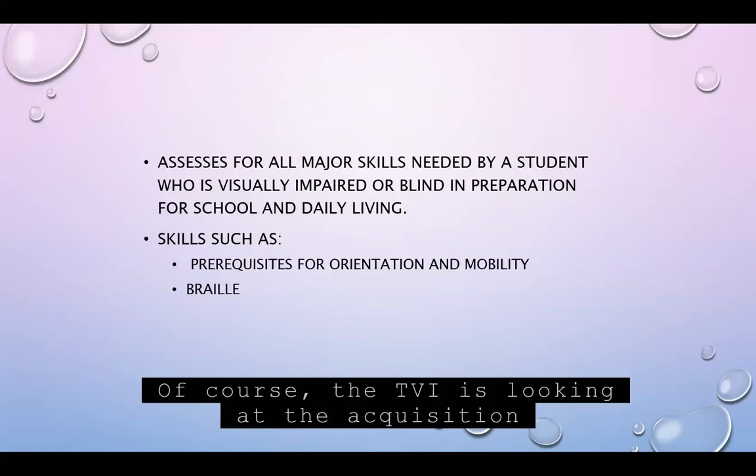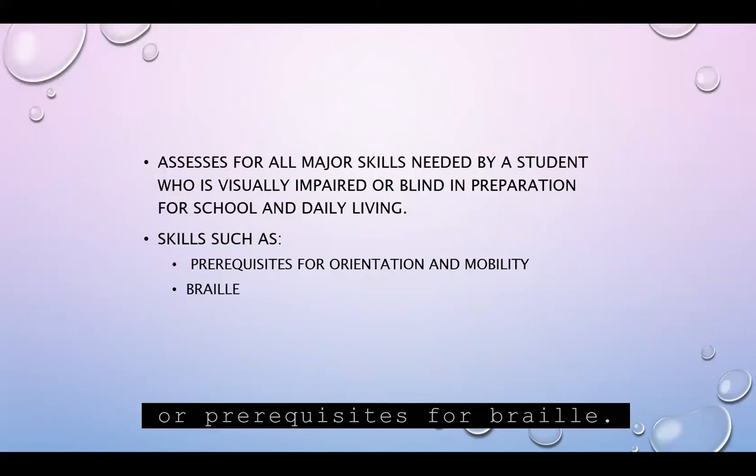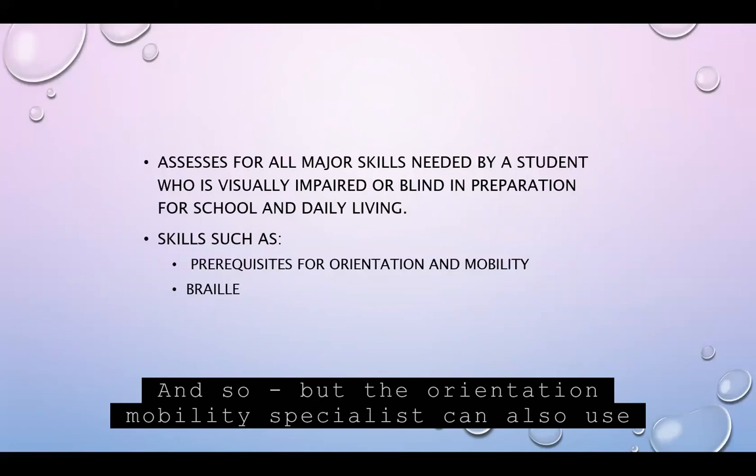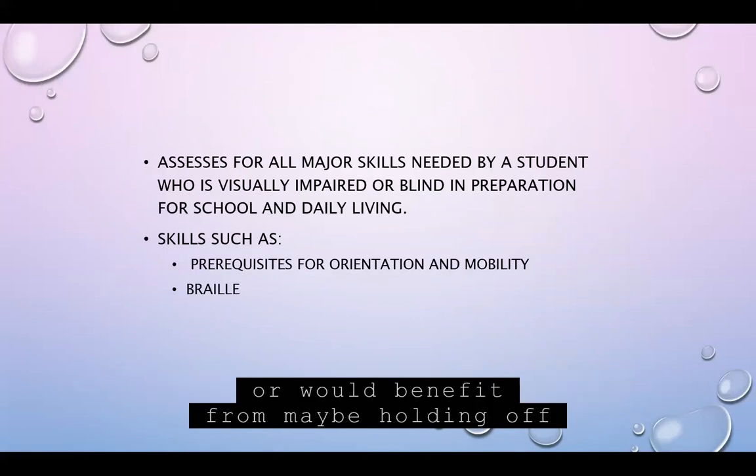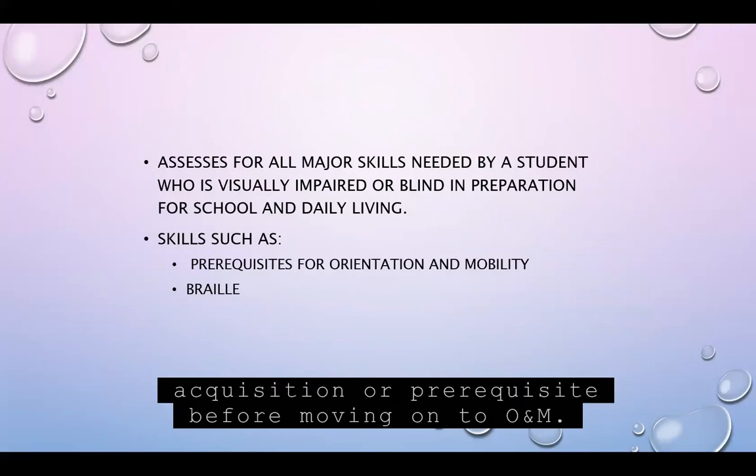Of course, the TVI is looking at the acquisition of prerequisites for Braille. But the orientation mobility specialist can also use that information to help determine whether the student needs O&M at this time, or would benefit from holding off and focusing more on some other tactile acquisition or prerequisites before moving on to O&M.